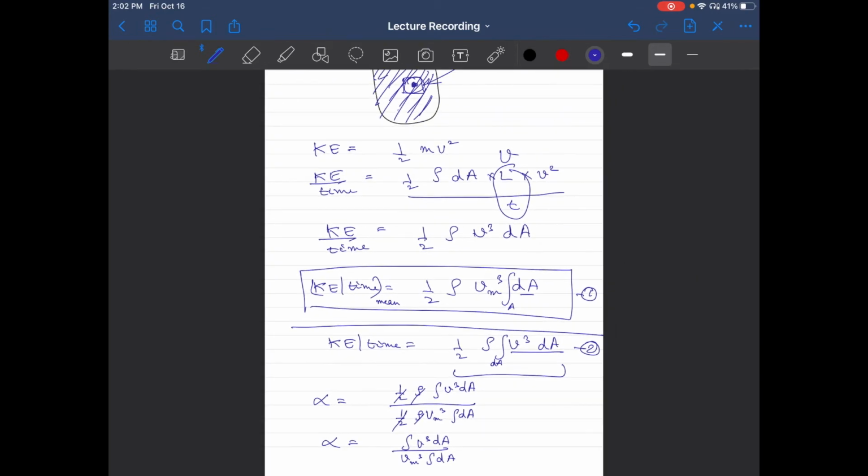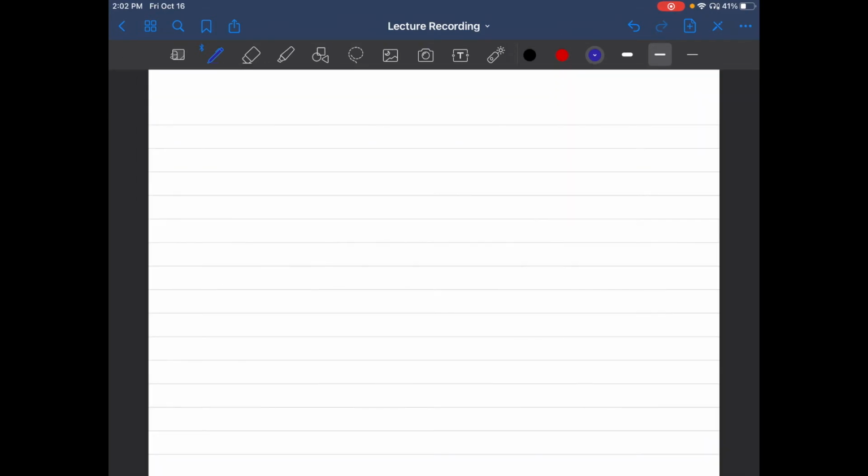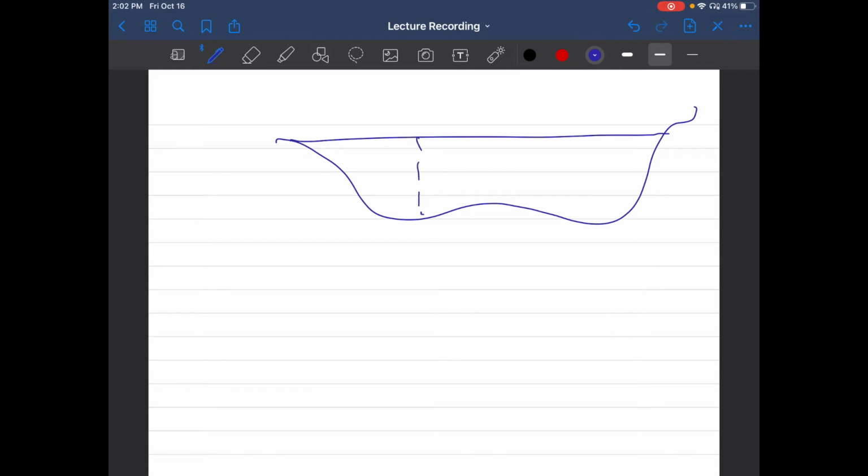Now, this correction factor can also be thought of in terms of a particular cross section of a channel. Let us say that we have a cross section of a channel, and there are three distinct regions present in this cross section: region 1, region 2, and region 3. We know the velocity in region 1 as V1, region 2 as V2, and region 3 as V3.